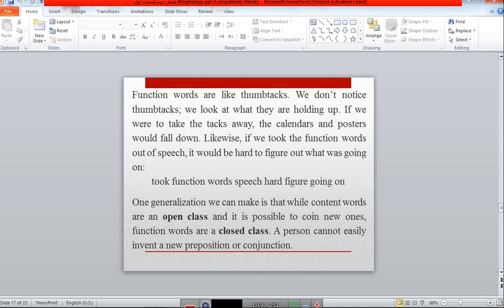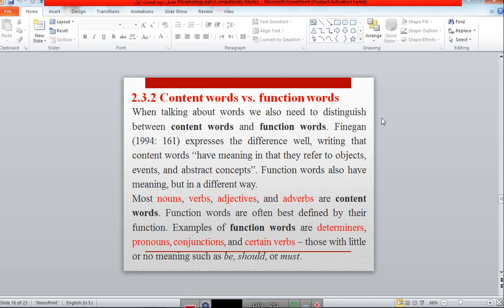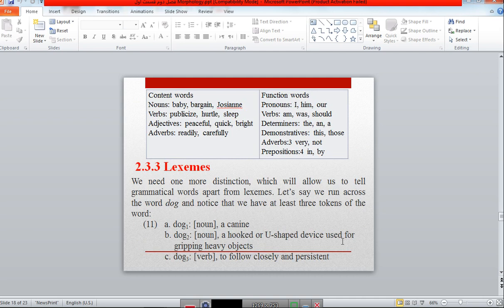So these 3 words, as you see here, sound alike. You see, dog, dog, dog. They are tokens of the same phonological word. Semantically, the meanings of 11a and 11c are related, and that of 11b is not.